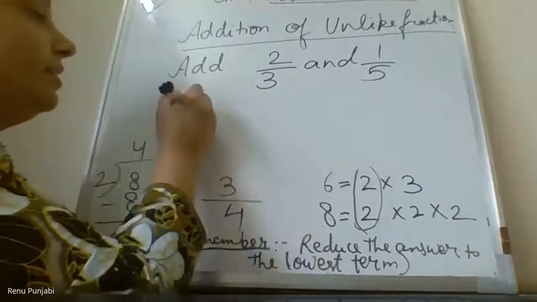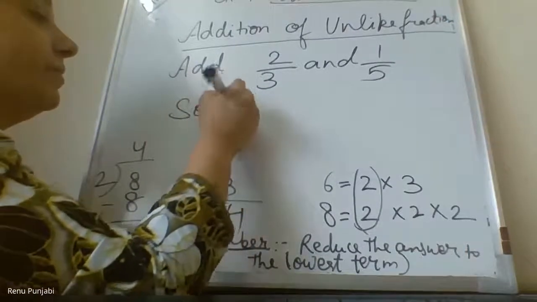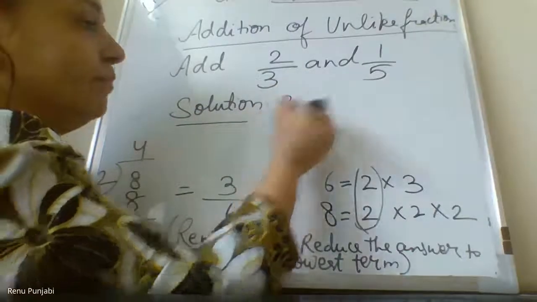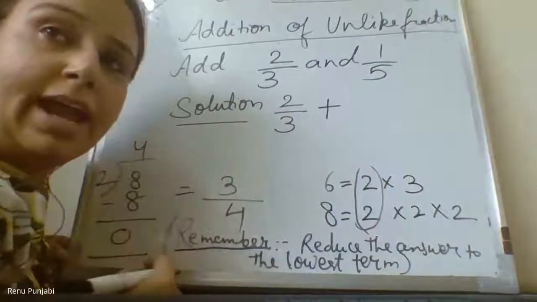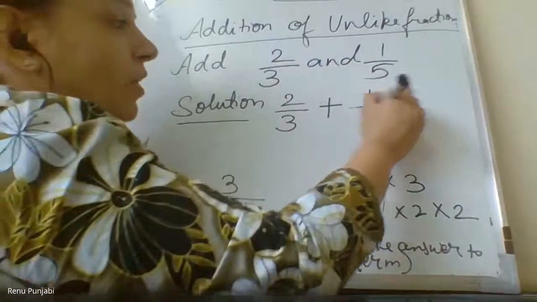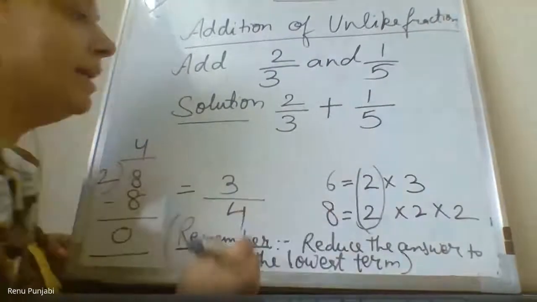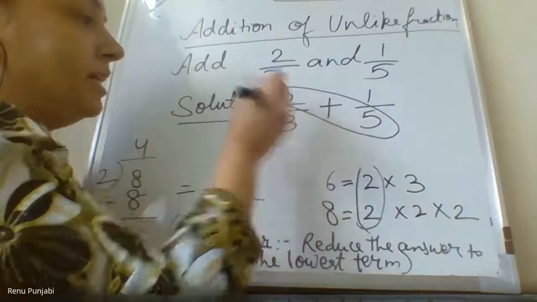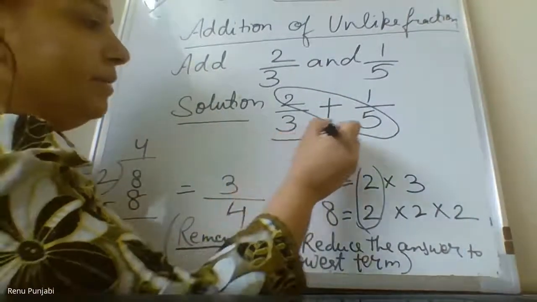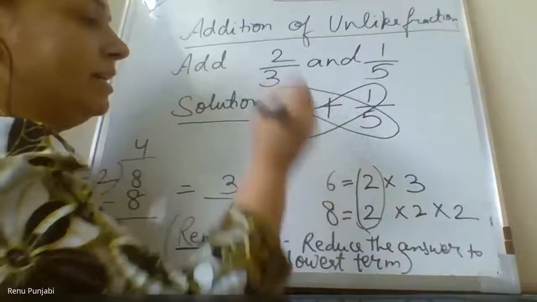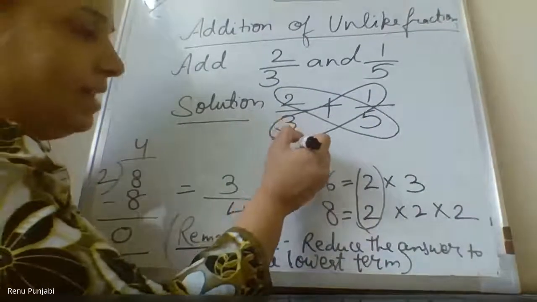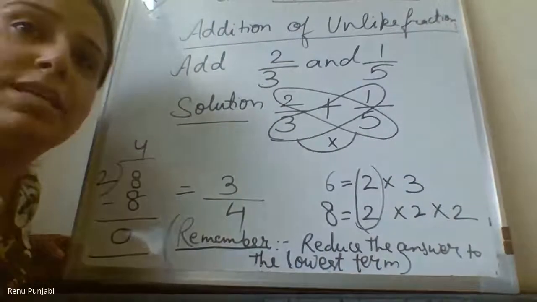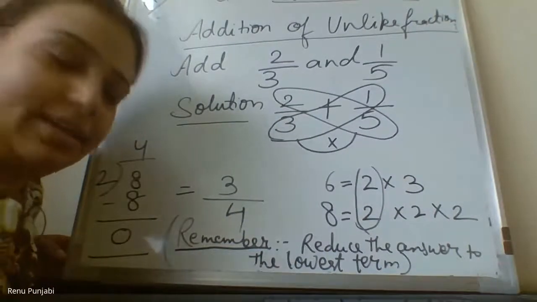When you do the solution, write the fraction again, put the plus sign in place of 'and', 2/3 plus 1/5. Butterfly method is multiply this with this number and this with this number, and for the denominator multiply this with this. Can you see the butterfly here, children?